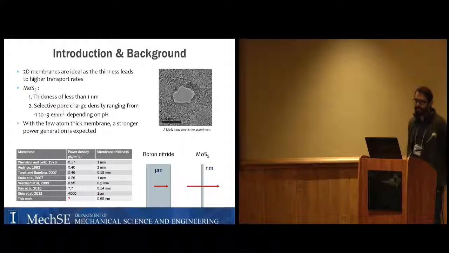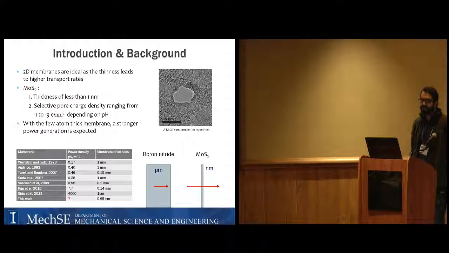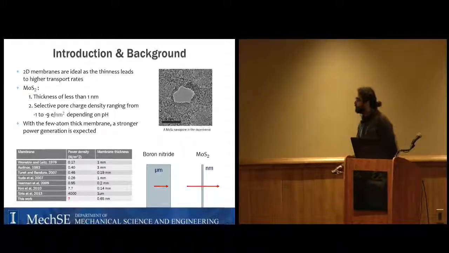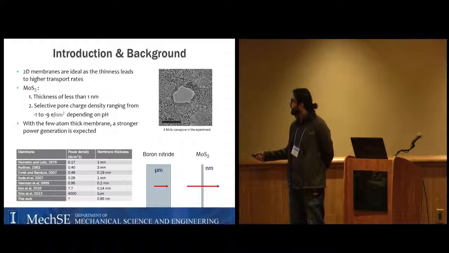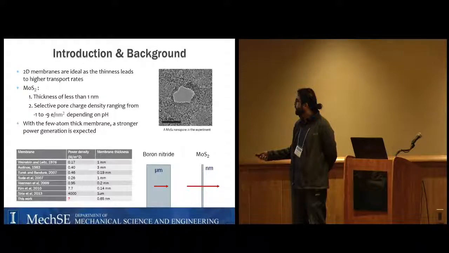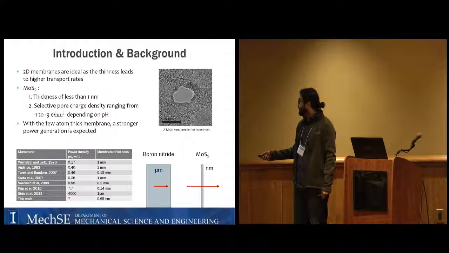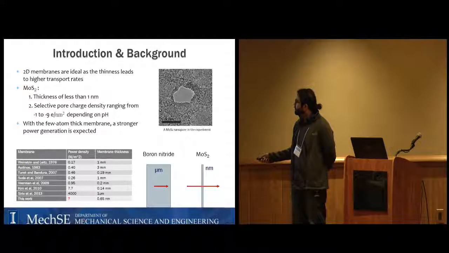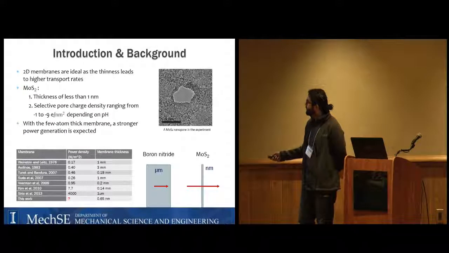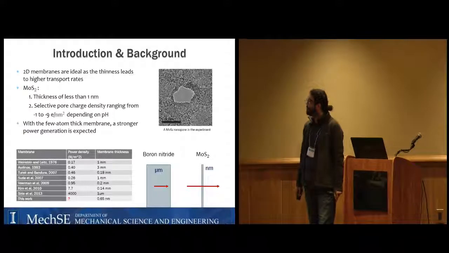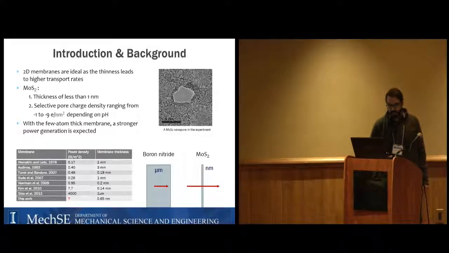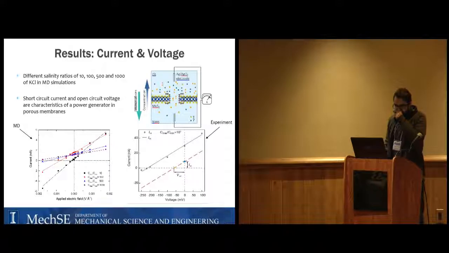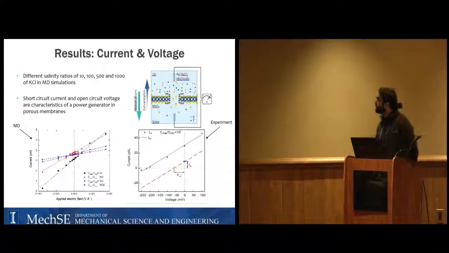So we have selectivity and the thickness, and our question is, if we look at the literature for different membranes, polymeric membranes, and also this boron nitride nanotube that I showed in the last slide, what power density can we get out of molybdenum disulfide? We did both experiment and simulations.